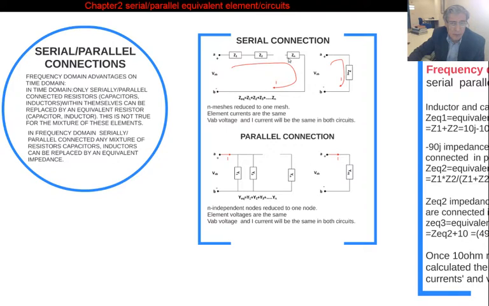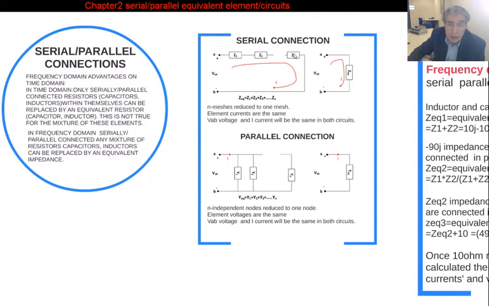In the second circuit, apart from the ground node, we've got only one. So n nodes disappeared and one node is seen here. That means the number of node equations that you're going to write is going to be just one in this case.